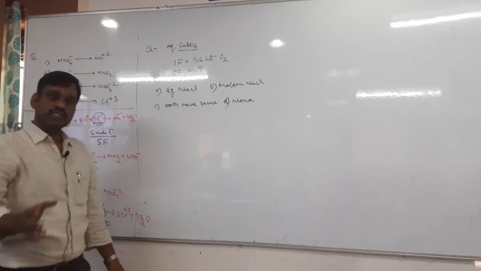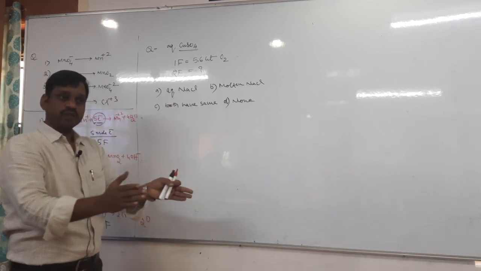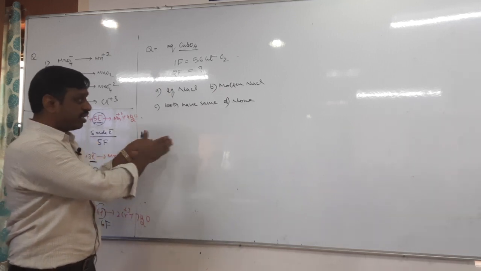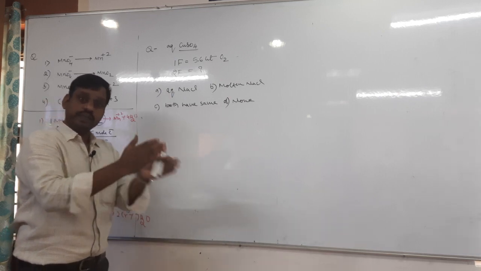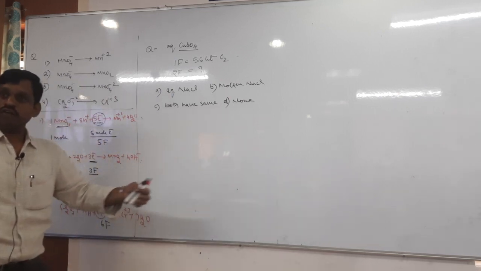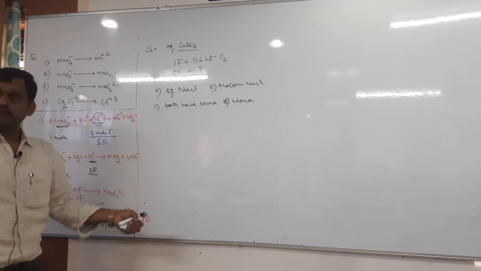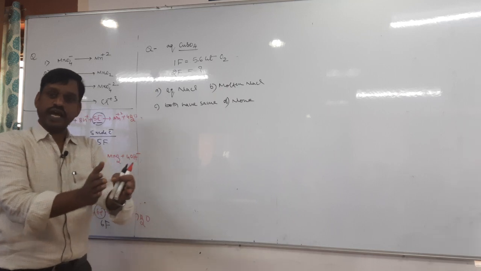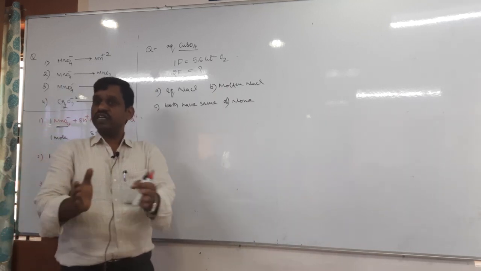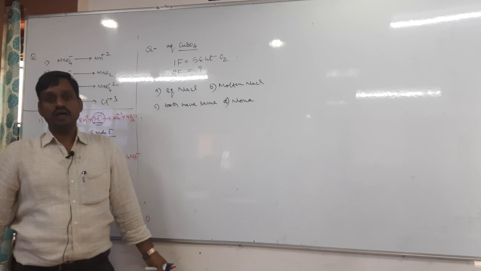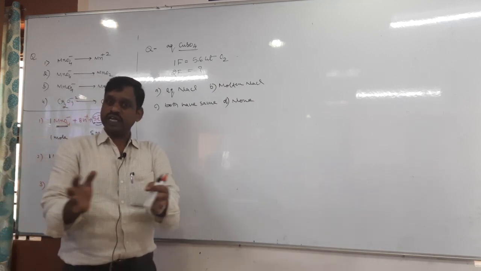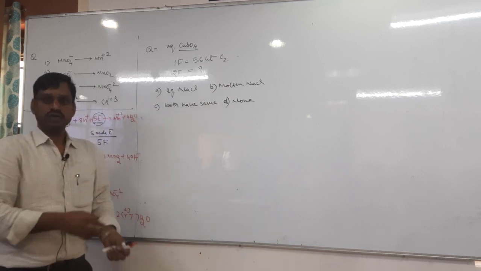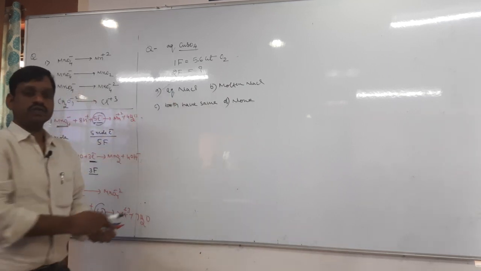The solvent separates the cation and anion, and brings them far away from each other. That is nothing but dilution, no? In dilution, the distance between cation and anion increases. So when the distance increases, the force of attraction between the cation and anion decreases and ionic mobility increases. Therefore, the answer is aqueous.